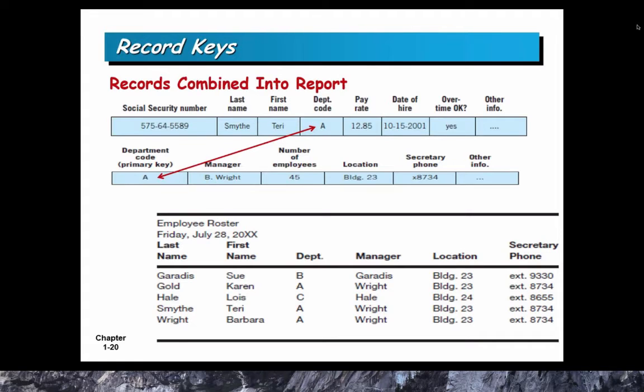So the value of foreign keys is it allows you to link information between two different tables and bring it together for whatever purpose. Could be for producing a report, could be for analysis, doing math, whatever you need to do. So that's how a foreign key works in a relational database.